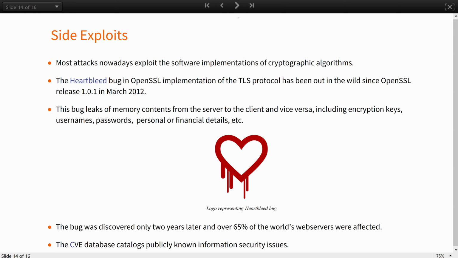Years later, there are still some systems that have not updated their software with a fixed version, so this bug may still be exploited despite being widely known. The Common Vulnerabilities and Exposures database helps define, consistently describe, catalog, and raise awareness of publicly known information security issues. The database was set up in 1999 and currently lists over 165,000 records.